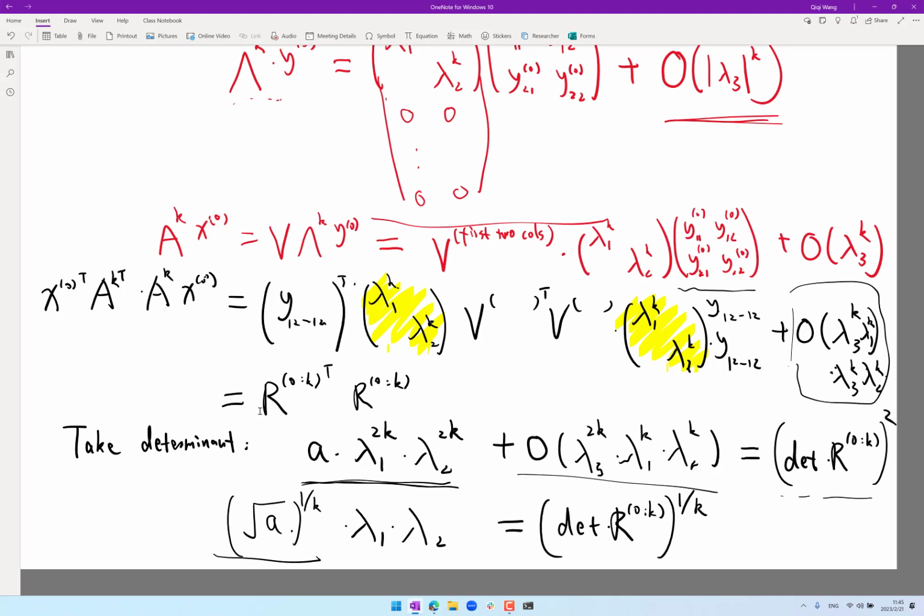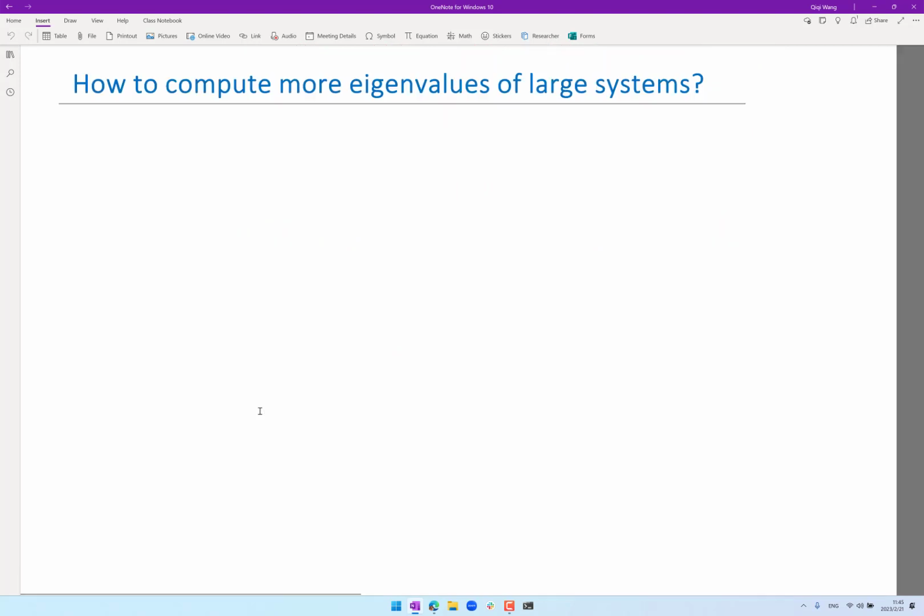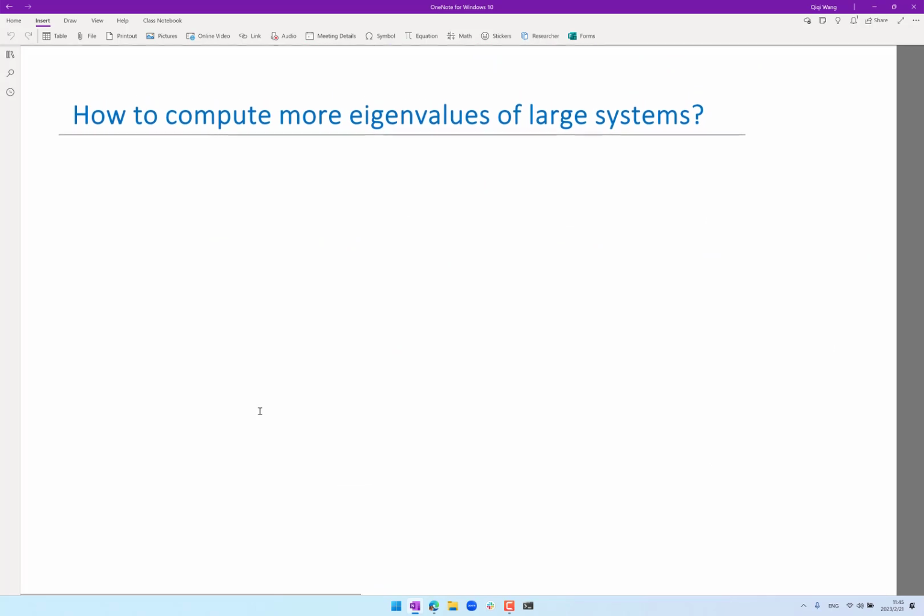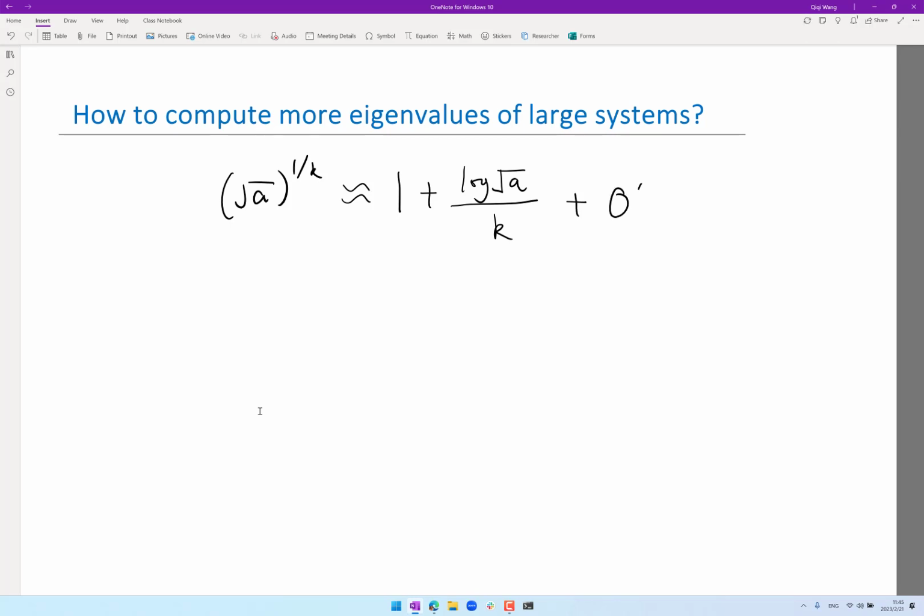And the error analysis over here is actually the same as what we did last time. So if you take the square root of A to the 1 over kth power, and do a Taylor series expansion, this is approximately equal to 1 plus the natural logarithm of the square root of A divided by k, plus order of 1 over k squared.